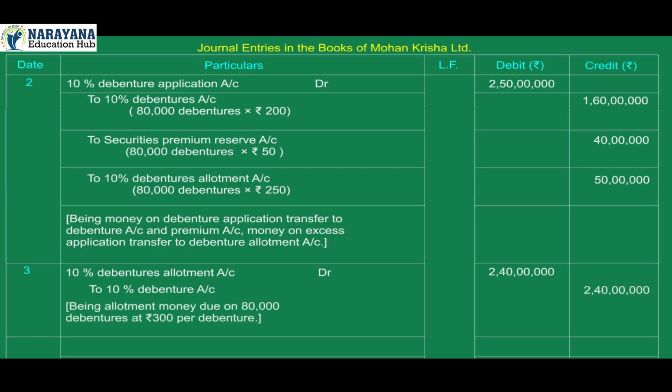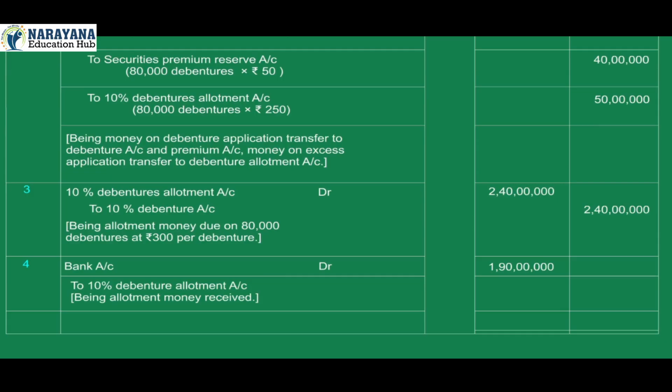Being allotment money due on 80,000 debentures at Rs 300 per debenture. 4. Bank account debit 1 crore 90 lakh to 10% debenture allotment account credit 1 crore 90 lakh. Being allotment money received. Total debit 9 crore 30 lakh. Credit 9 crore 30 lakh.